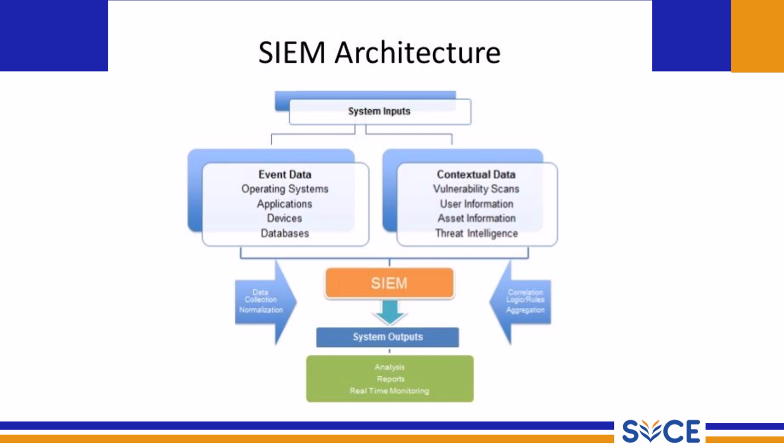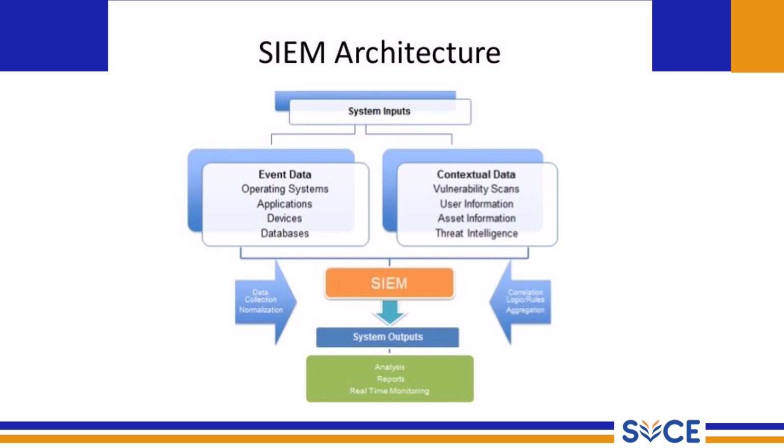Evolution and advancement: as cyber threats became more sophisticated, SIEM solutions evolved to include real-time monitoring, advanced analytics, and machine learning capabilities. This shift allowed organizations to detect anomalies and respond to threats faster than ever before.